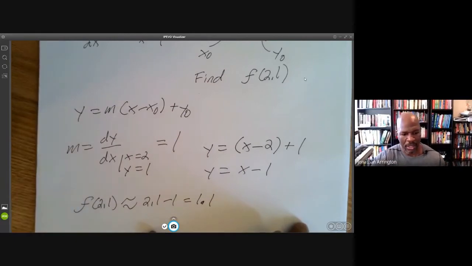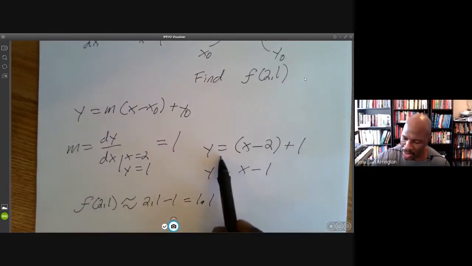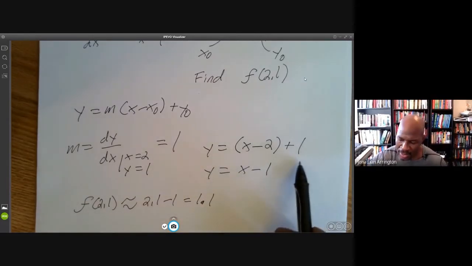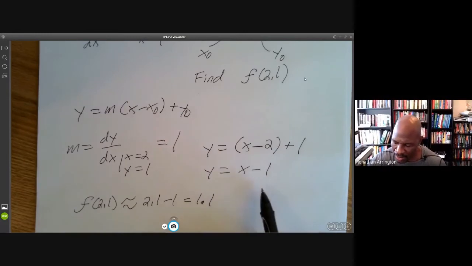So there's our tangent line approximation. So on a tangent line equation and approximation problem, find the tangent line equation first, and then to find the tangent line approximation, you're simply going to plug in the value you're approximating for in for x into the tangent line equation. Simple enough, correct?